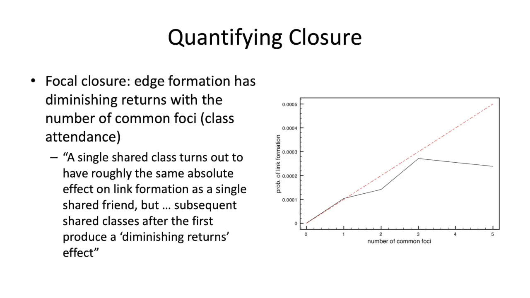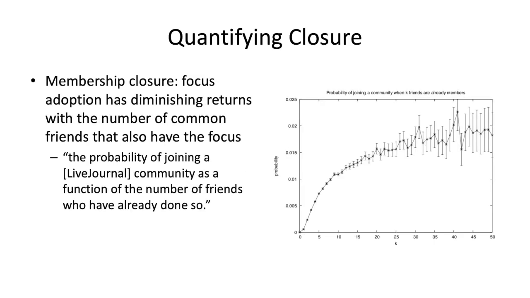So with foci being the number of classes you have in common, once you get up to about 3, yes, those links are on a linear basis likely to close, but once you hit 4 or 5, those extra foci don't really increase the odds. So that was diminishing returns for that focal closure one.